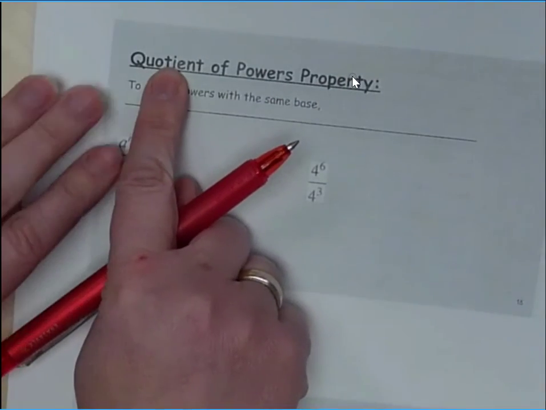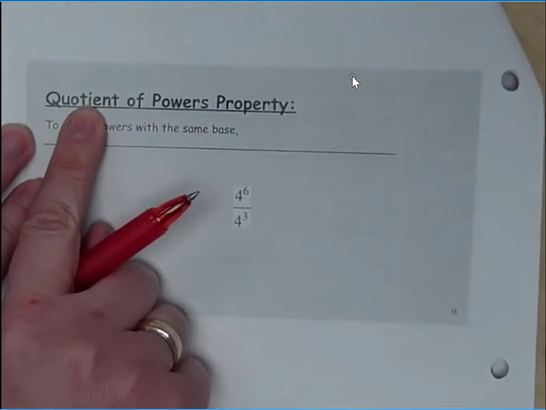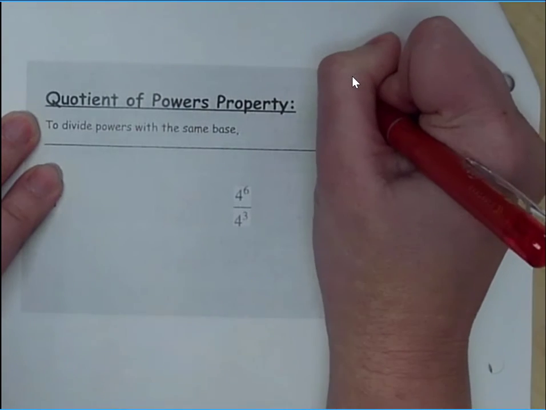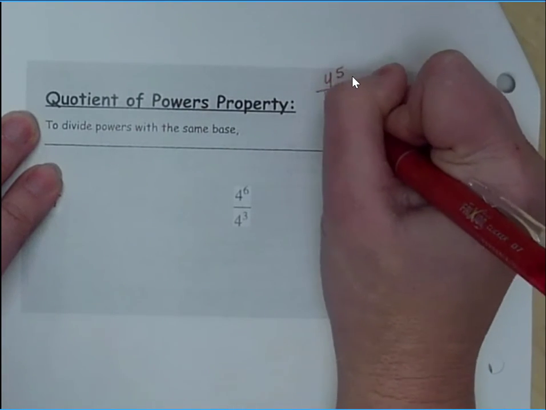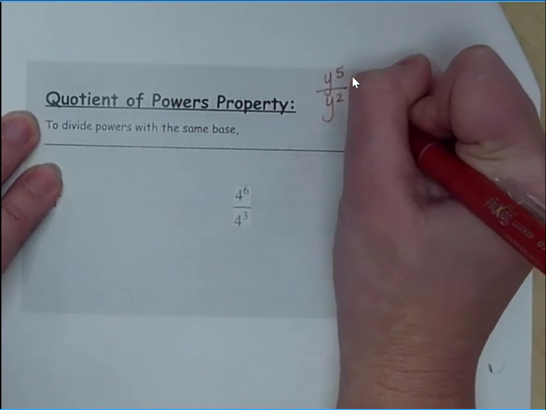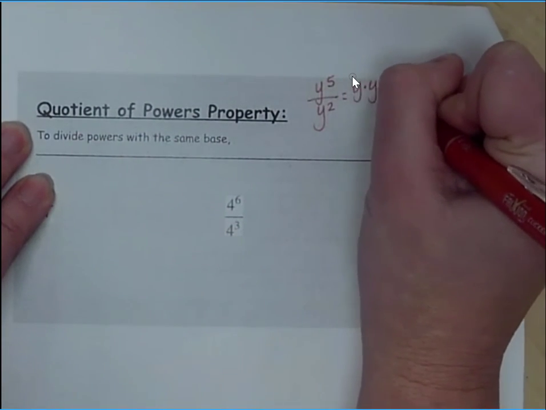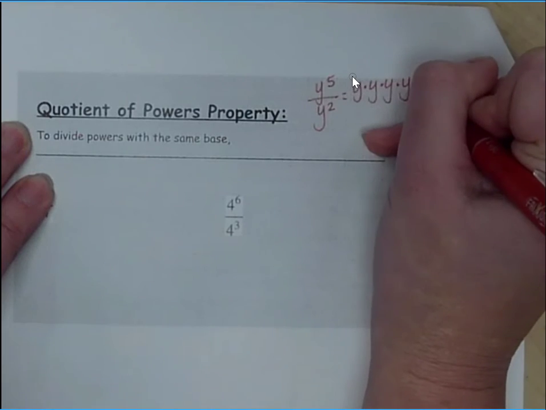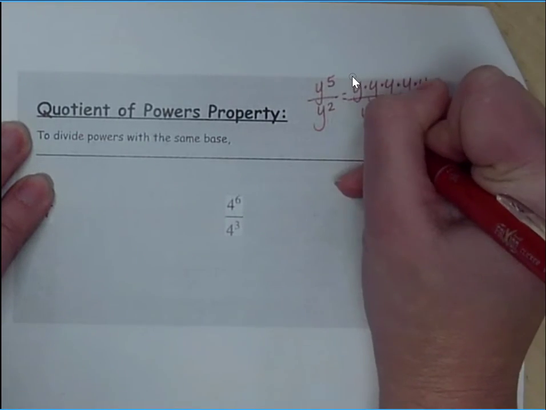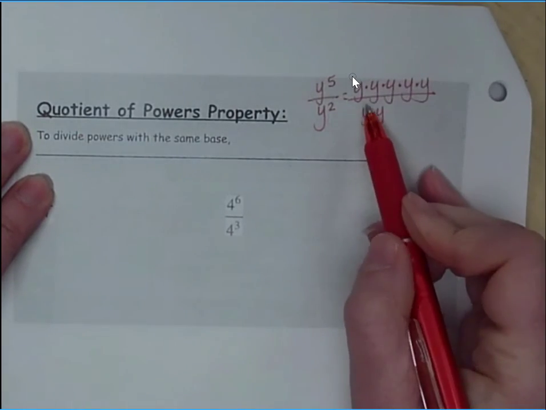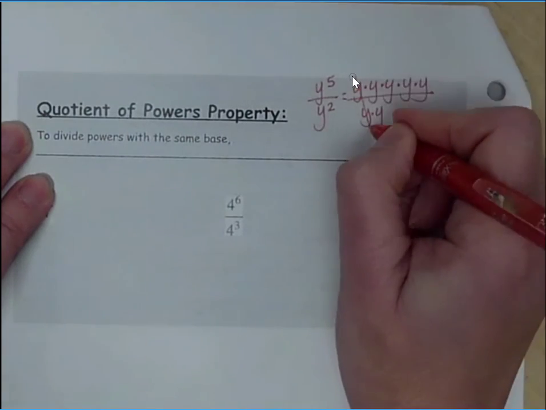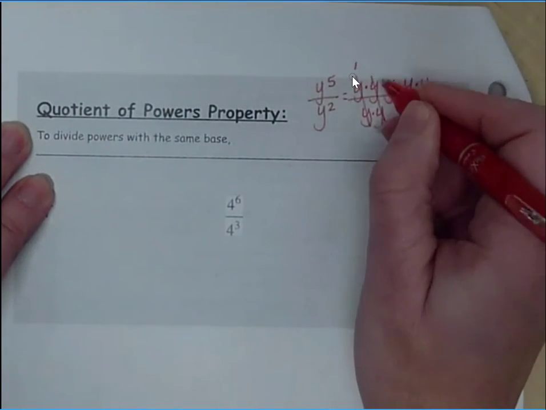Now, quotient. What about dividing these? So if I had y to the fifth divided by y squared, that would be the same as y times y times y times y times y, all divided by y times y. Now, as you recall, a number divided by itself is 1.